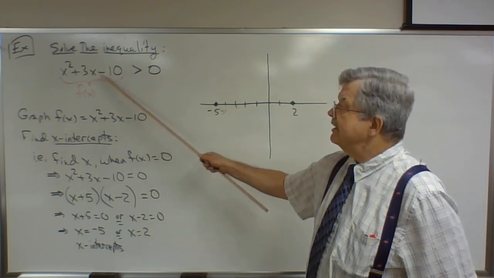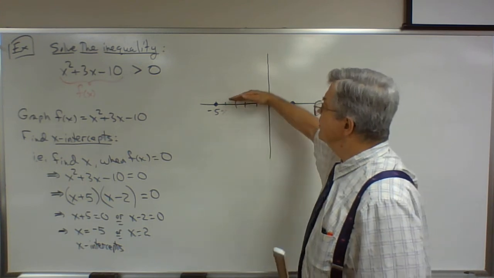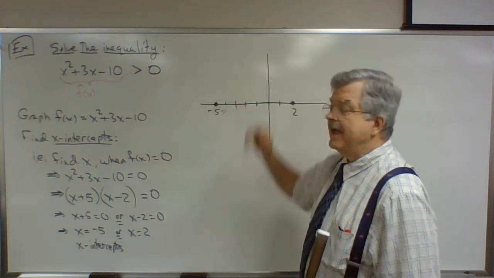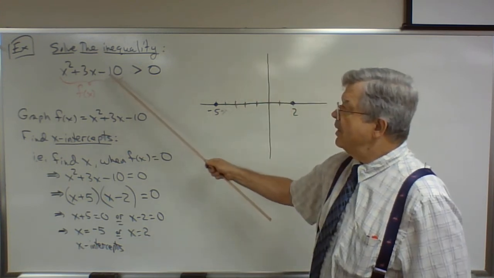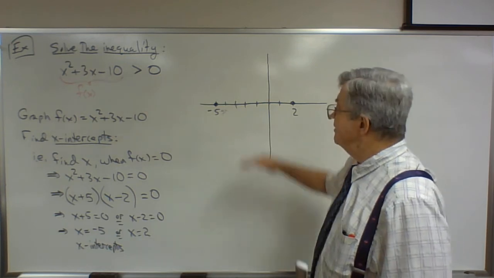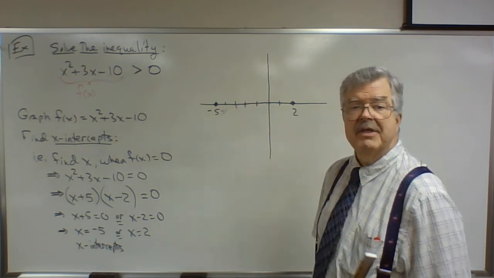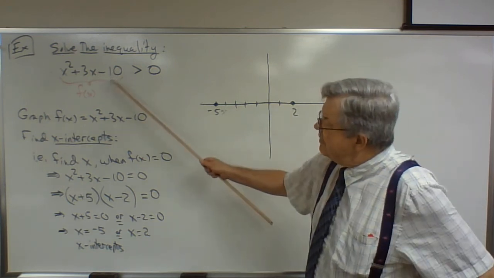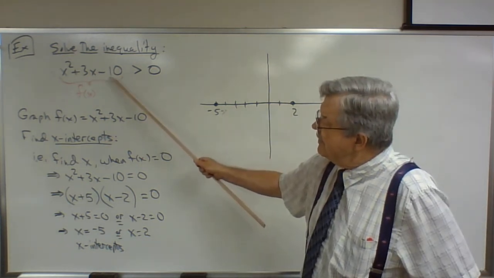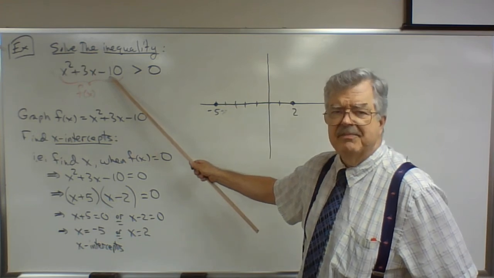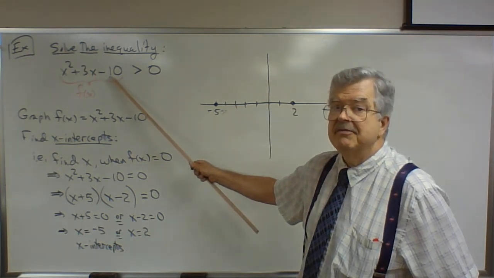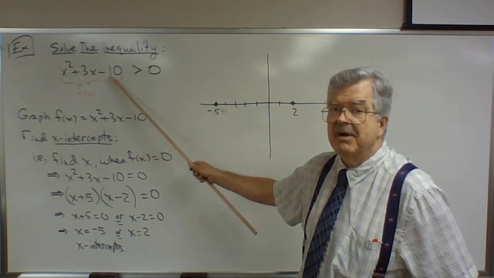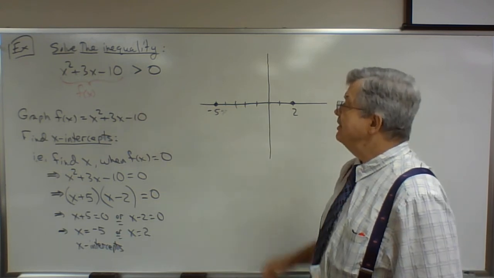Where the quadratic expression is positive, that's where the graph is above the x-axis. Where the quadratic expression is negative, that's where the graph is below the x-axis.